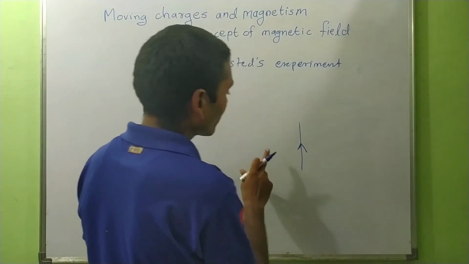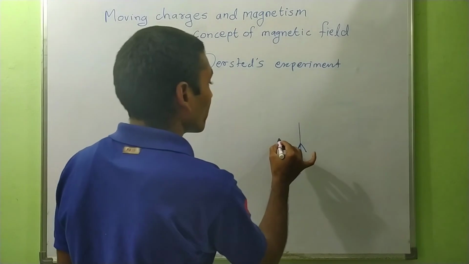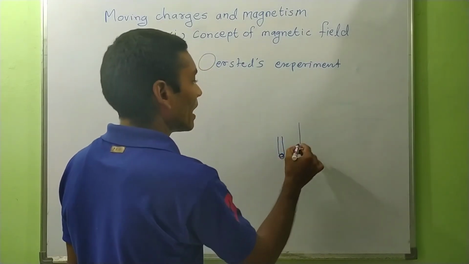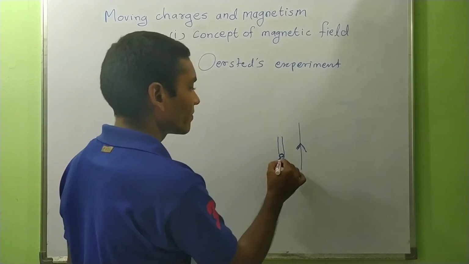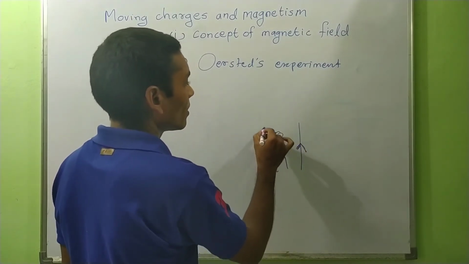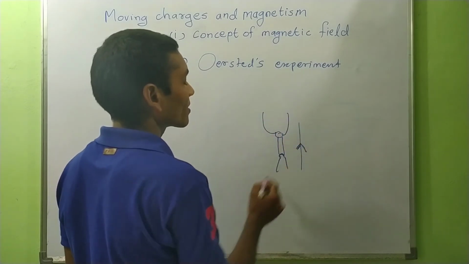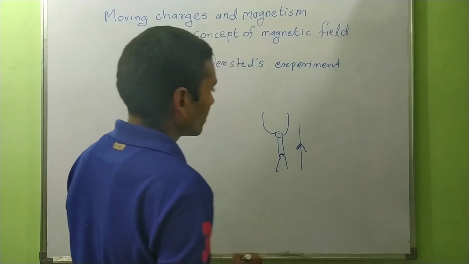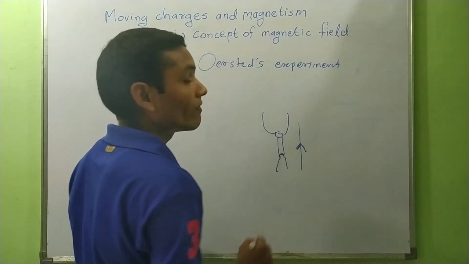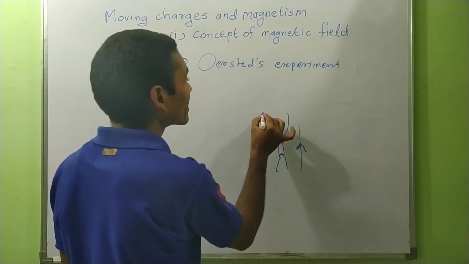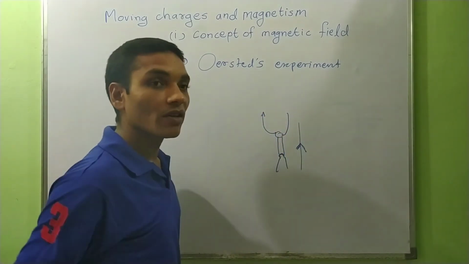We assume that a person is swimming along the direction of current, like this, then the magnetic needle will deflect towards the left hand side of this swimmer.